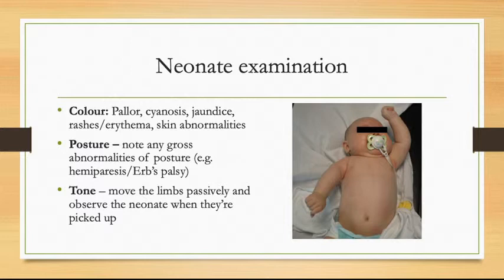And tone-wise, you can already see when the infant is being picked up and placed on the examination table what their tone is like. And if it's a hypotonic infant, they're usually described as a floppy baby.